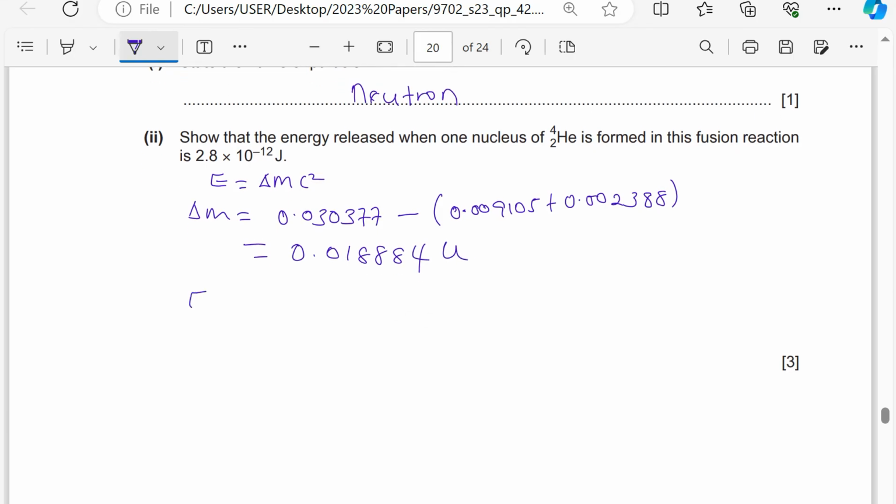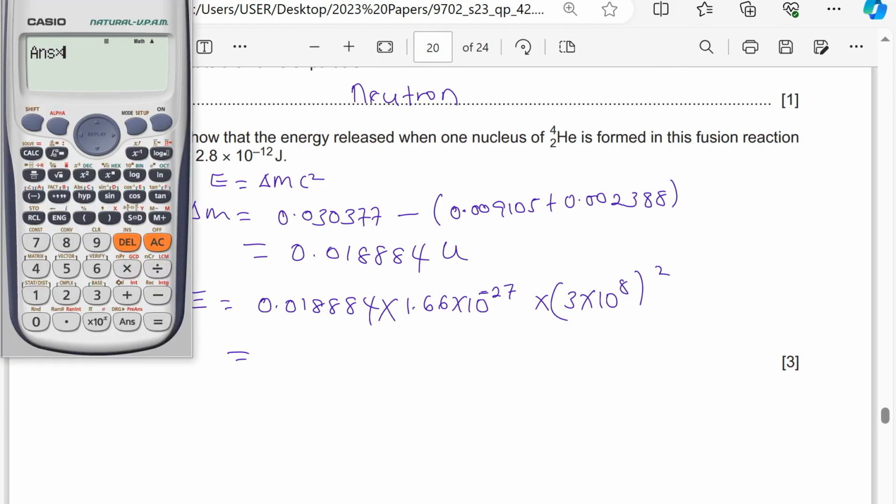So let's find now the energy. The energy will be 0.018884. We are changing the mass to kilograms, so I'll multiply by 1.66 times 10 to the power of minus 27. Now it is in kilograms times the speed of light, 3 times 10 to the power of 8, but this is squared.